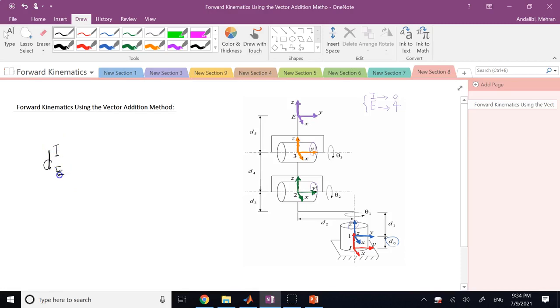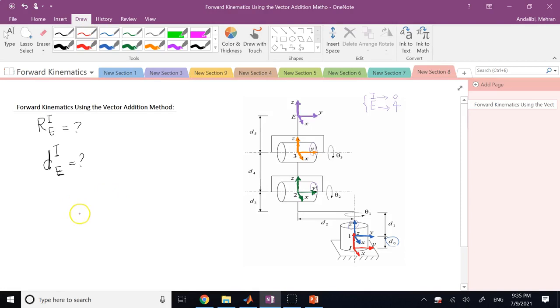This is what I need to find out, and I also need R of E with respect to I. So these are the two things that I need to find in general as a function of theta 1, theta 2, theta 3, and then these d values that are coming from the geometry of the robot.